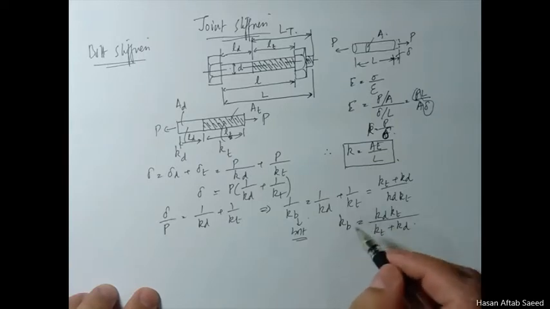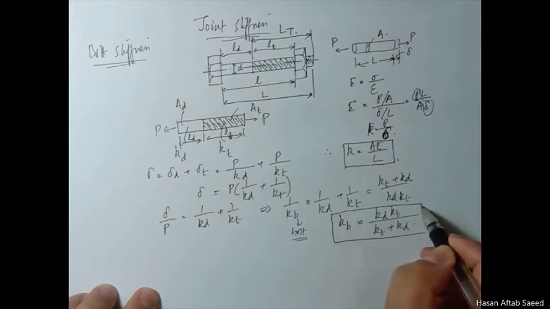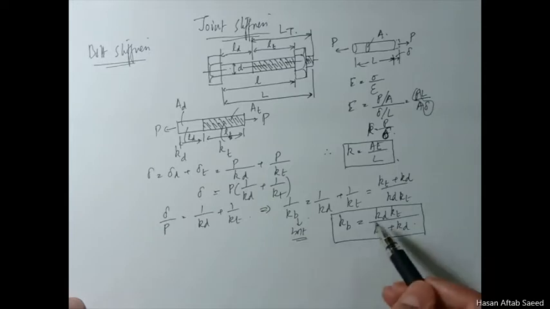This is your stiffness of the bolt, which has a combination of threaded and an unthreaded part. Now to calculate this we need KD and KT.